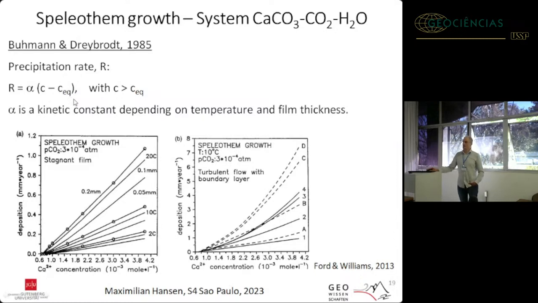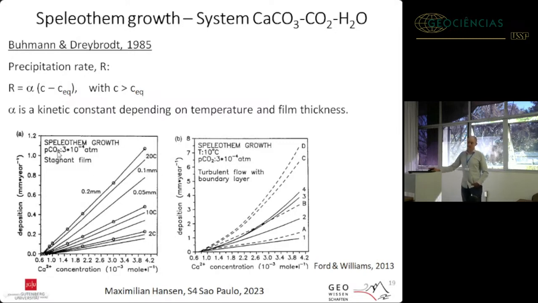Which is usually much lower than the water which enters the cave. And in these plots, they show the deposition rate in dependence of the concentration of the solution for different film thicknesses. They've done it for two different stages.